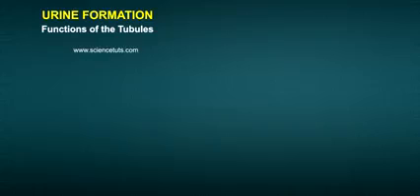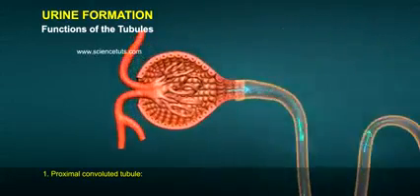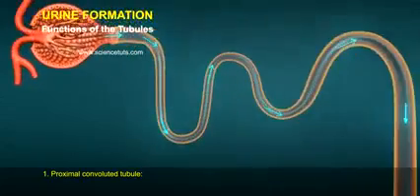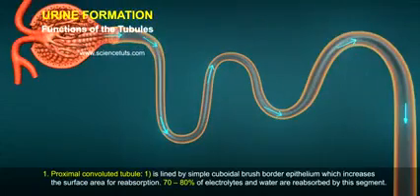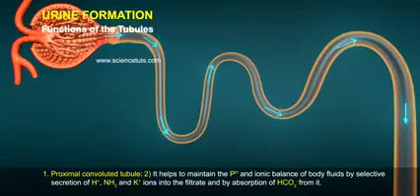Functions of the tubules. 1. Proximal convoluted tubule. 1. It is lined by simple cuboidal brush border epithelium which increases the surface area for reabsorption. 70 to 80% of electrolytes and water are reabsorbed by this segment. 2.